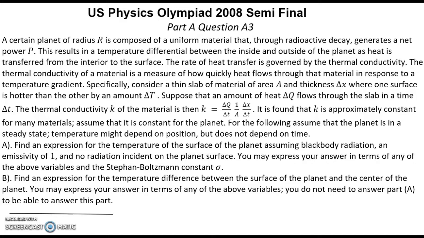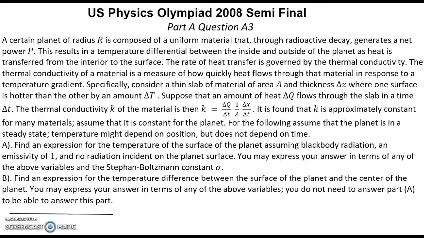Suppose that an amount of heat, delta Q, flows through the slab in a time delta t. The thermal conductivity K of the material is then K equals delta Q over delta t, multiplied by 1 over A, the area, and multiplied by dx over dT.